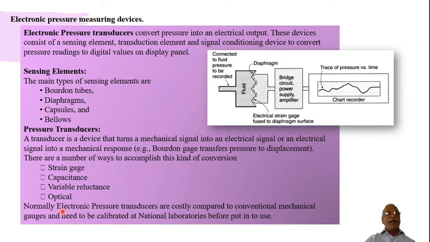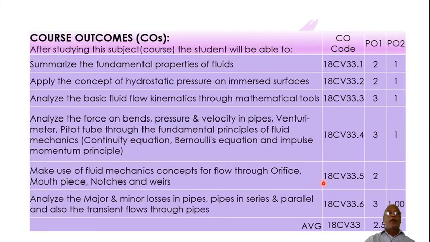Normally electronic pressure transducers are costly compared to conventional mechanical gauges and need to be calibrated at national laboratories before being put to use. With this we almost ended module number 1.